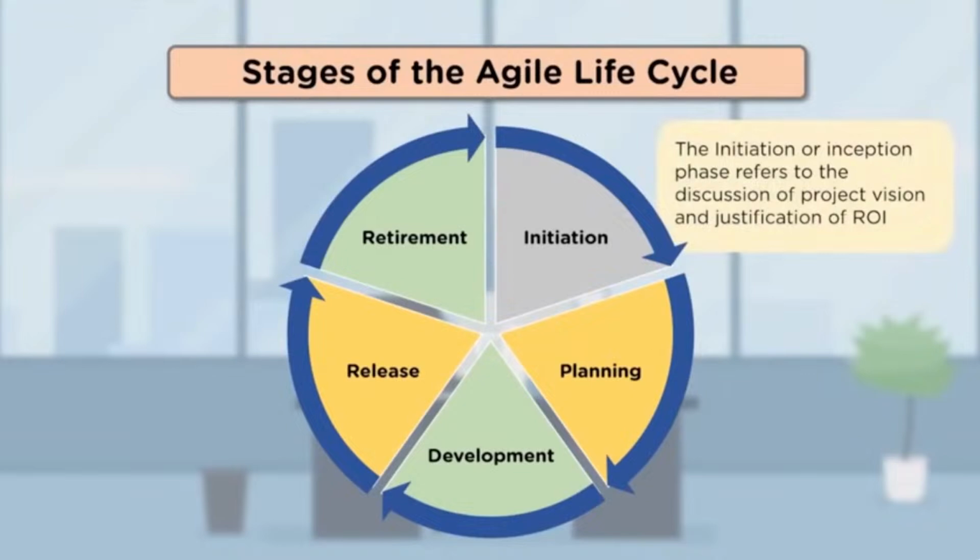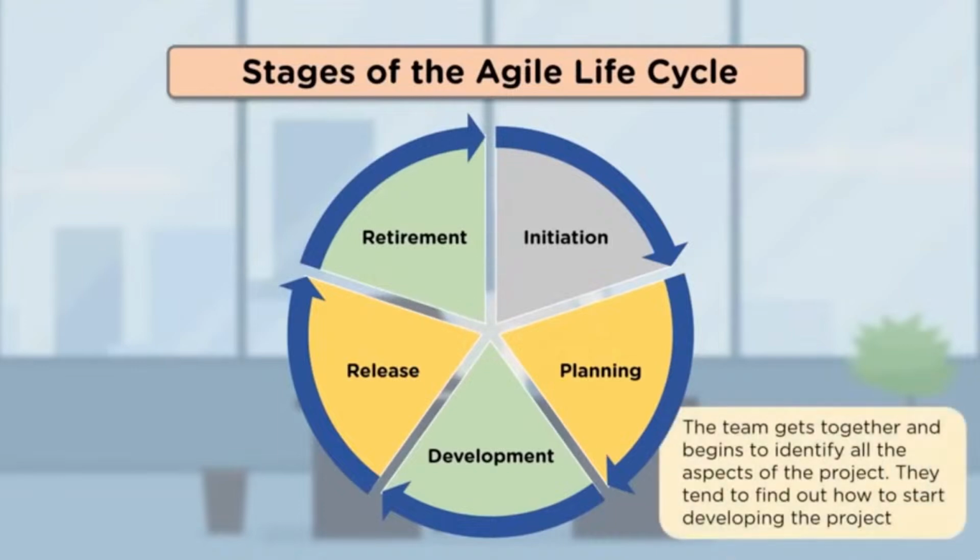The first stage of the Agile life cycle is the initiation phase. The initiation phase or the inception phase is about the finalization of project scope and the return on investment. In this step, the team members that will be needed for the project are identified. Then time constraint and other resources required to complete the project are also taken into consideration.